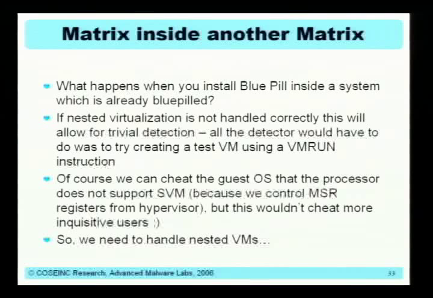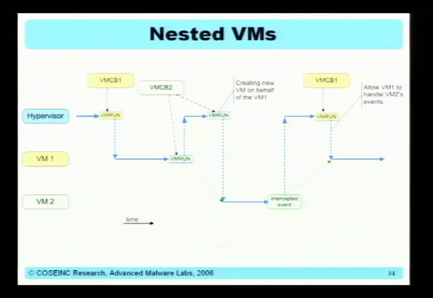Of course, the easy way of cheating is just to intercept CPUID, just like Dino said, and pretend to the operating system that this processor doesn't implement SVM, but again, this is very easily detectable by a user who is aware that she actually bought an SVM-capable processor. So we need to handle nested VMs.